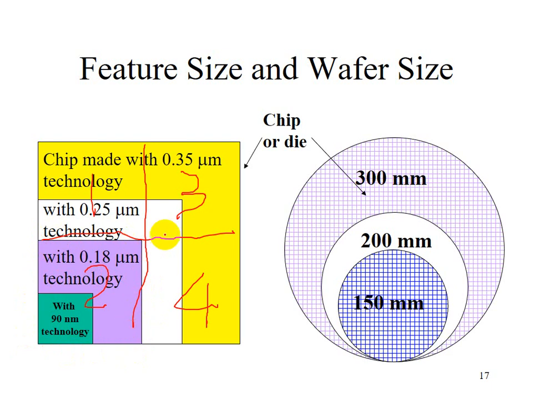So using the same size of the wafer, you can produce about 4 times the number of chips. That means you can produce more ICs, which can reduce your cost. So that's why we are going to pursue smaller and smaller feature size in our IC fabrication history.